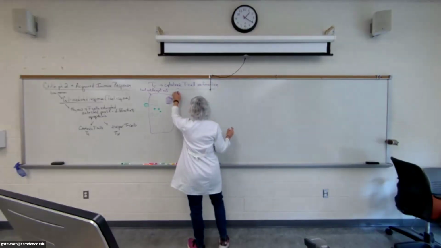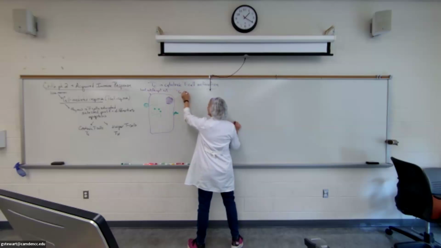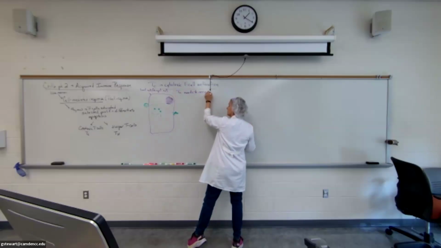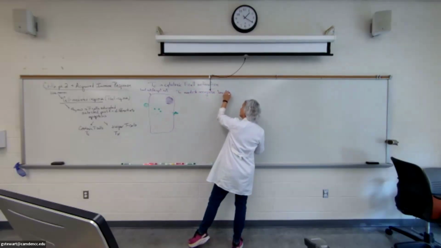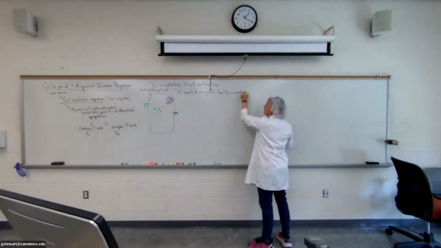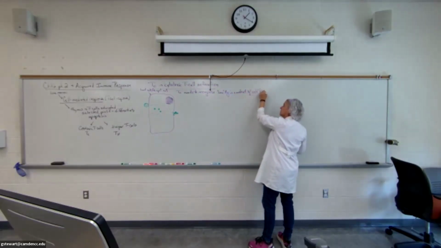So to trigger a cytotoxic T cell, the cytotoxic T cell needs to recognize, or we say see, antigen in the context of self antigens, but in particular of class 1 MHC.